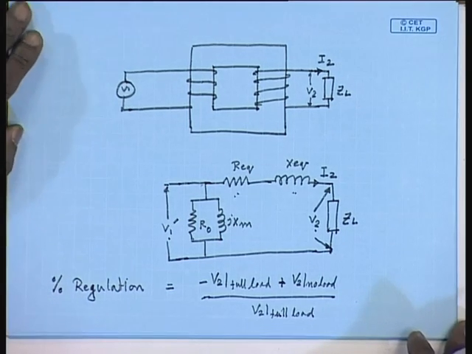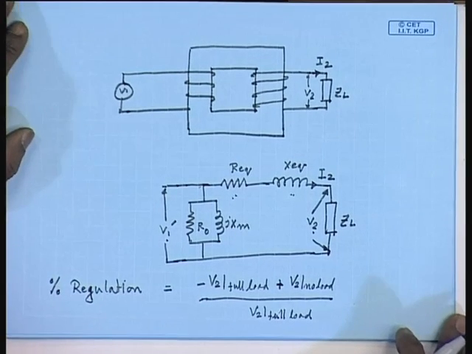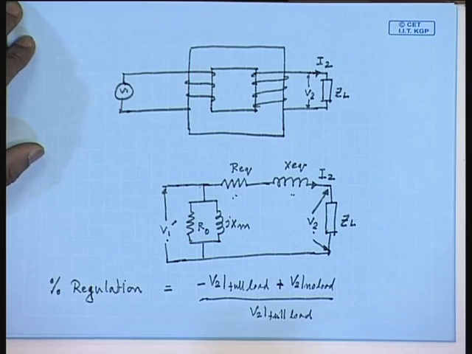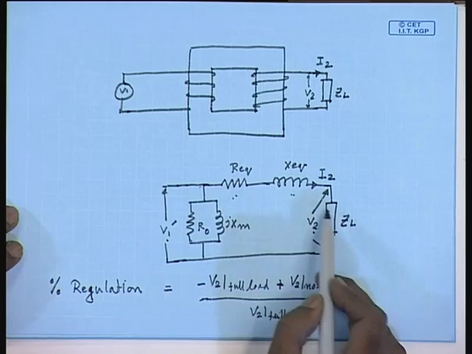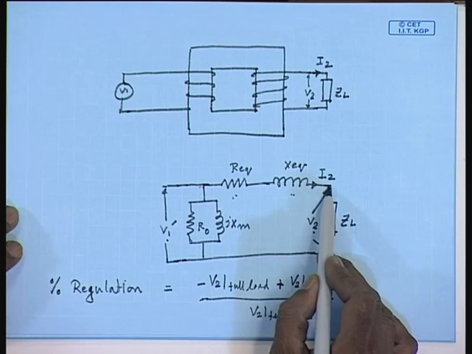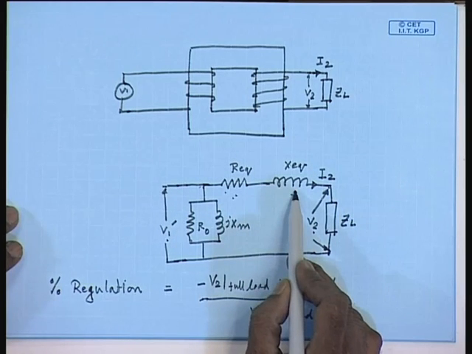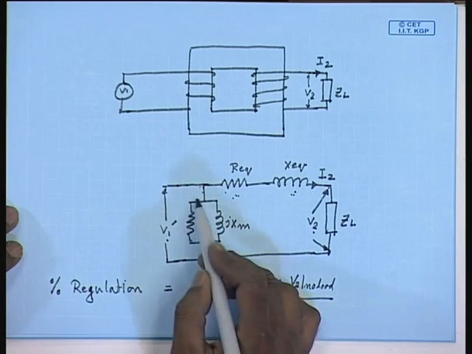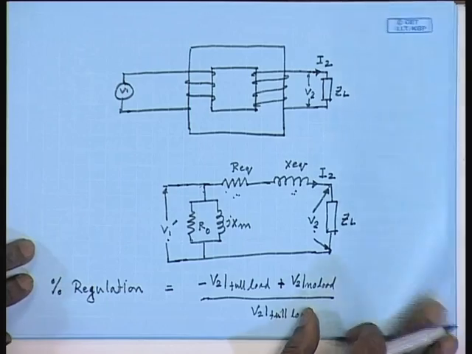Now, from the approximate equivalent circuit, it is simple to calculate this percentage regulation, since we see that the voltage drop is entirely due to the series impedance. In order to calculate percentage variation, we can neglect the shunt branch.